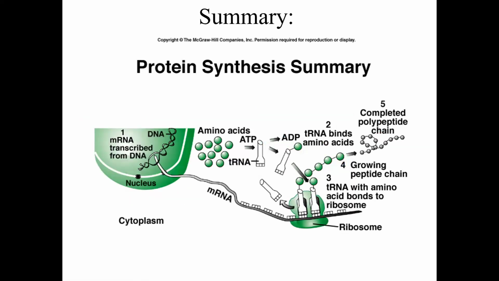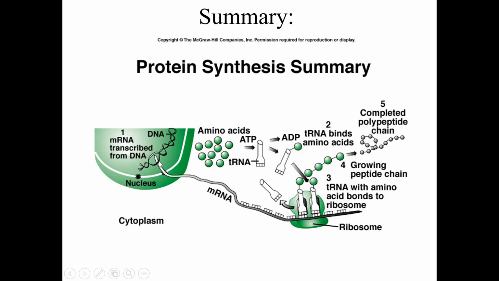So in summary, protein synthesis occurs as follows. First, DNA molecules are replicated. Now you have DNA being transcribed to RNA, right? You have your DNA producing messenger RNA in the nucleus.